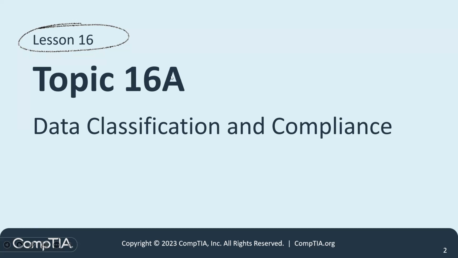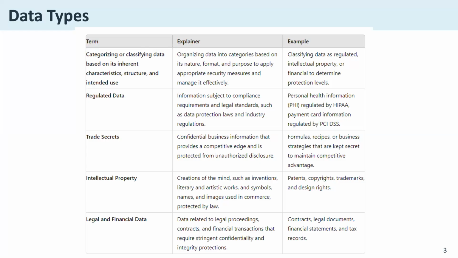Now, in the first part of the module, we're going to look at data classification. What are those different types of digital assets that we can have, and how do we ensure compliance? Let's look at some of the very important ones. Let's look at regulated data. Here we're talking about information that is subject to compliance requirements and legal standards, such as data protection. If you take health data, for instance, most of that kind of data is regulated data.